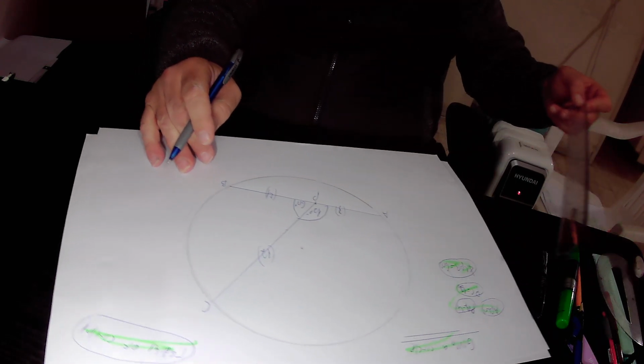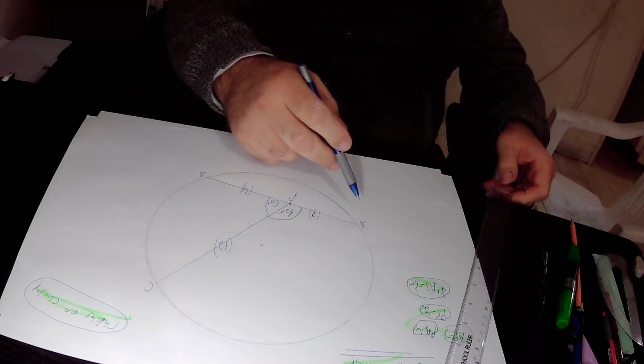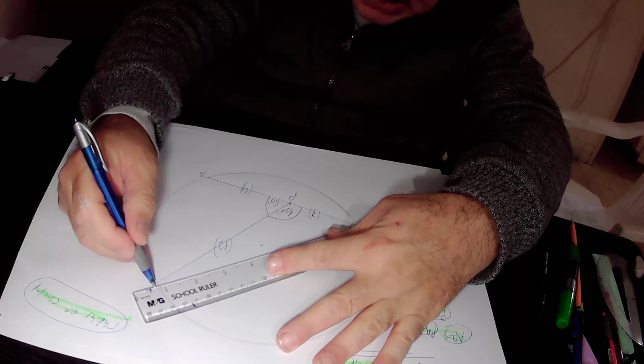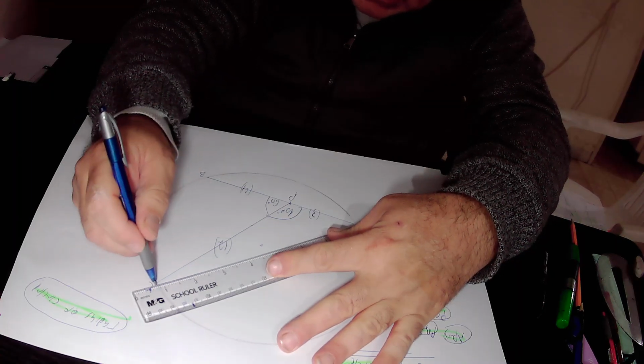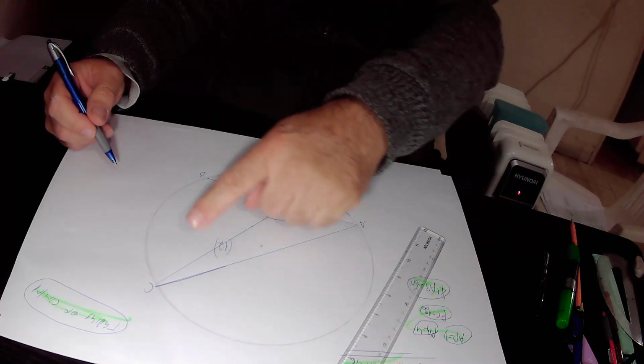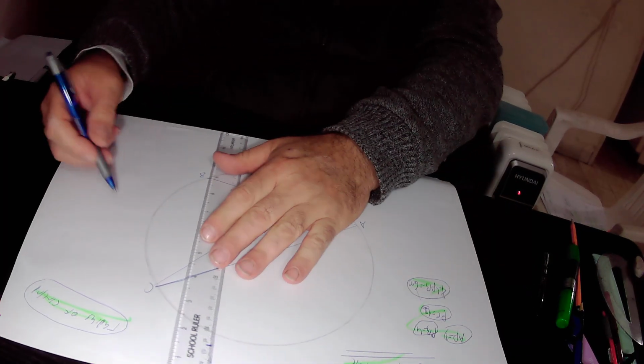The next step, we'll join point C and A together by a straight line. And we join point C and B together by a straight line.